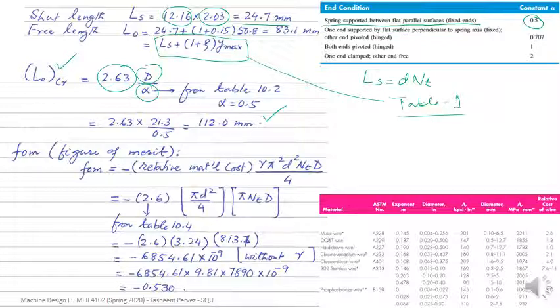Now notice L0 must be less than critical, so that there is no buckling. This is 83.1 and this is 112. So it means it is fine. There will be no buckling.